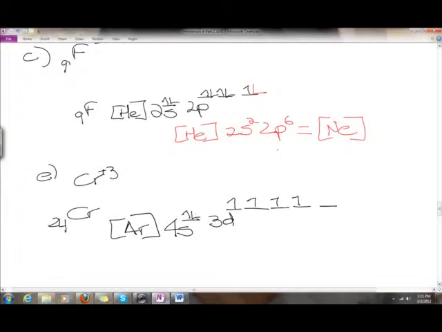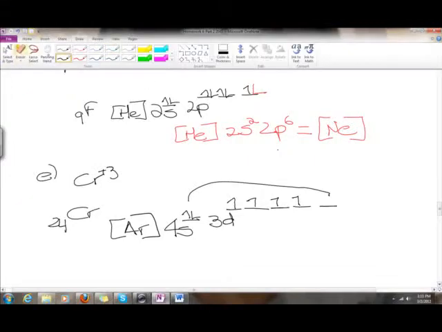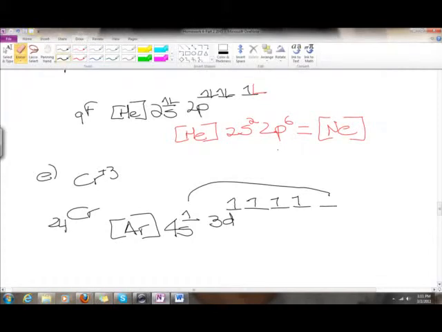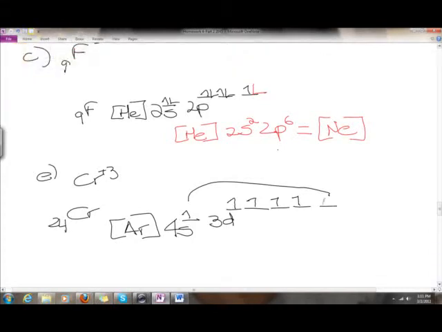Again, this one jumps over here, so it's going to be argon 4s1 3d5, because it's one of the exceptions, half full.